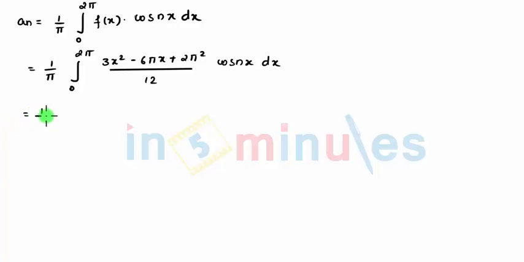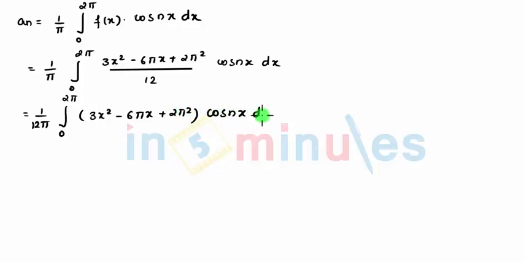I can write 1 upon 12 pi, integration 0 to 2 pi of 3x square minus 6 pi x plus 2 pi square, multiplied by cos nx dx.